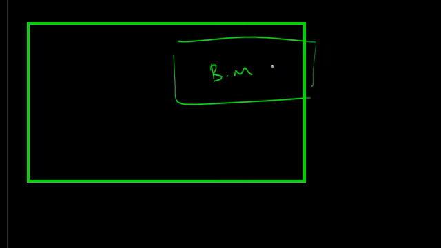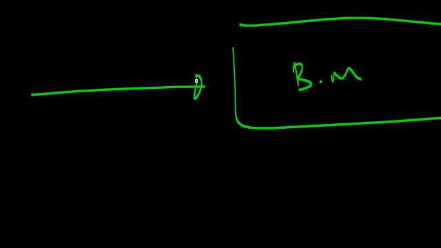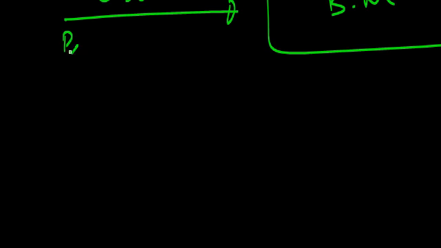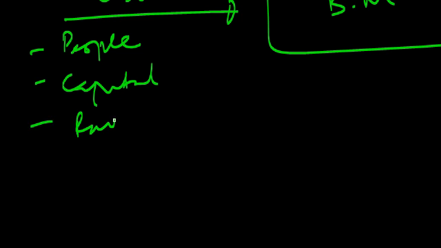Alright, so now if you put a black box, and let's just call this black box the business model. The essence of this black box is that there are resources that come into a business as inputs, and sometimes this is people, sometimes it's capital, sometimes it's raw materials.